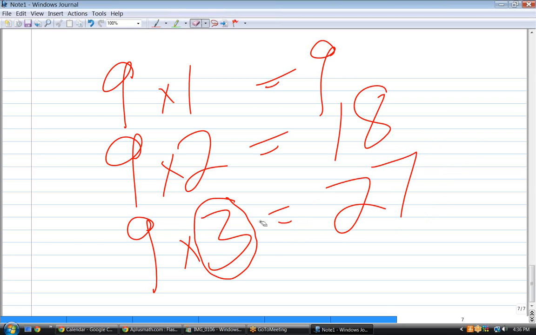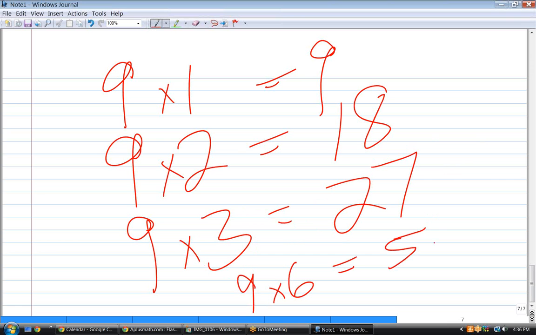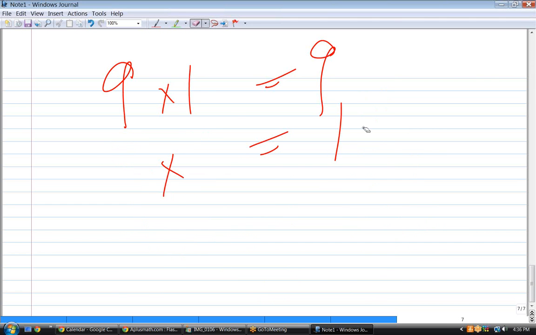In other words, 9 times 6 has to be 5 something. What's the something got to be? It's got to be a 4 because that has to add to 9. That's slick. Okay? So there's your nines tables right there. You don't even need to memorize the nines tables.